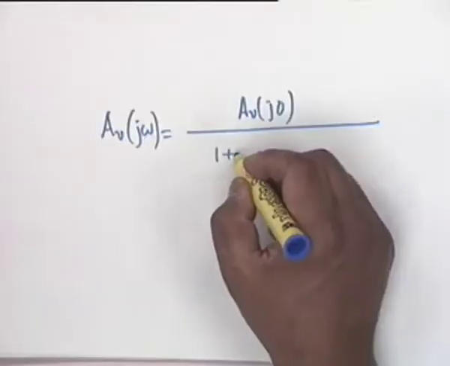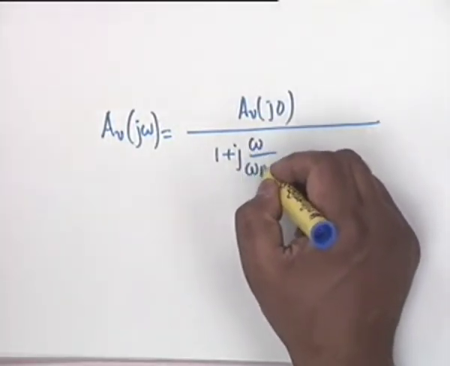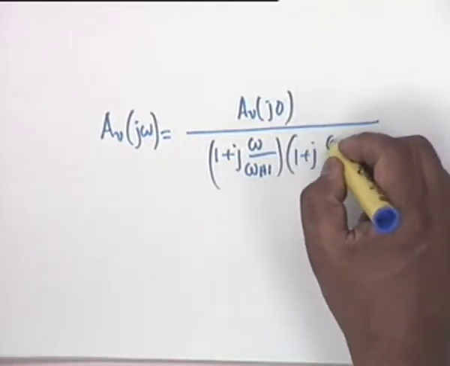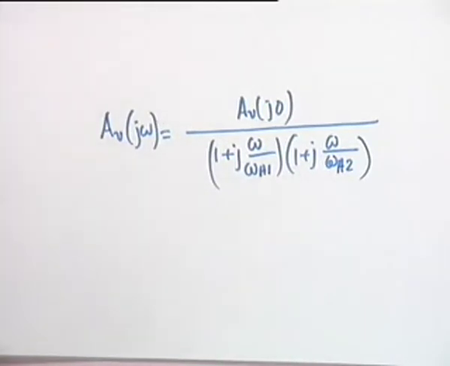But we have employed the method of open circuit time constants to determine an effective FH, and therefore what we will have is 1 plus j omega by omega h1 multiplied by 1 plus j omega by omega h2. Is that clear? Where omega h1 and omega h2 are the corresponding cutoff frequencies of Q1 stage and Q2 stage individually.